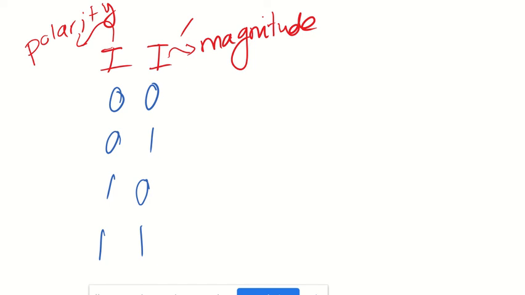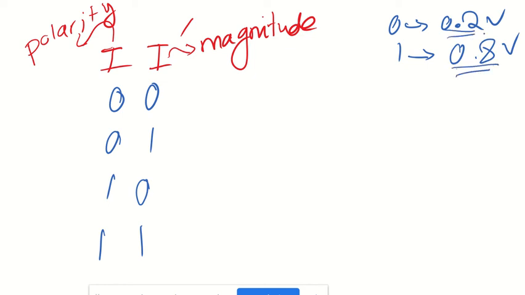Let's say I want my 0 to be low voltage. For example, if you see 0, make it 0.2 volt amplitude. If you see 1, make it, for example, almost 1, 0.8 volt. So my 1 has a higher amplitude than my 0.